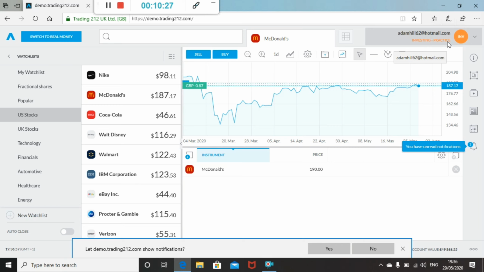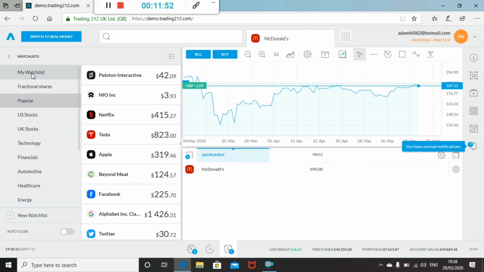Starting from the top left hand side, you'll see the option to switch back to real money, and then below this you have your watch list. You can select any of these watch lists on the left hand side. What they've done is organize the products into different sections for you, so these come as standard. For example, they have fractional shares where you can invest from $1, even if the share price is 2,000 per share, you can buy a fraction of that share.